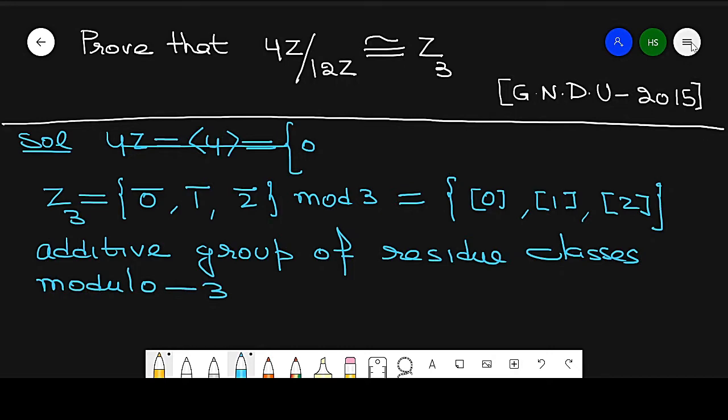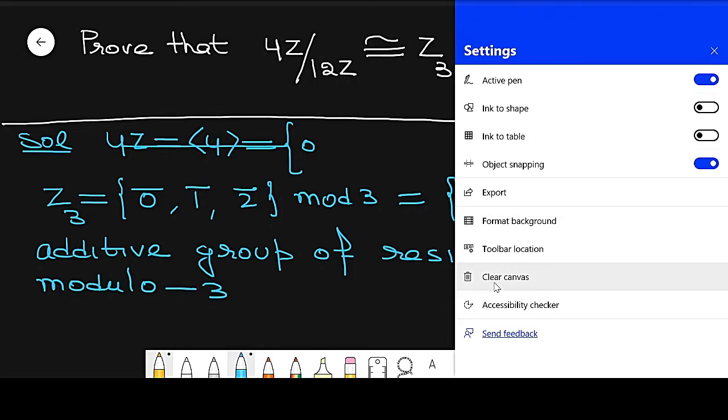So first check the elements of the group. Now define a map F, right? So this is from 4Z to Z3.